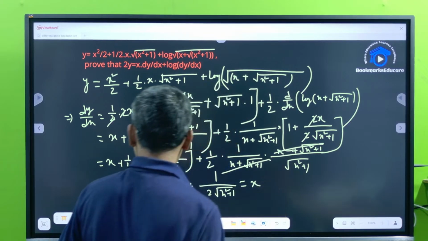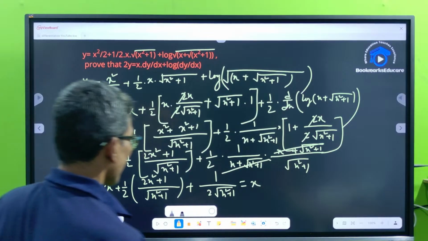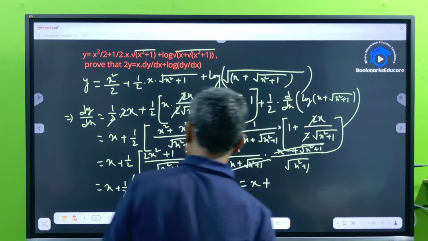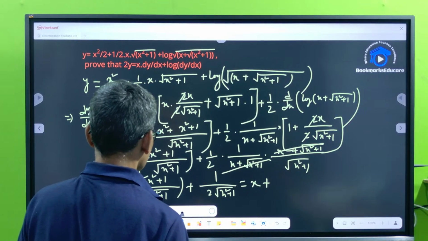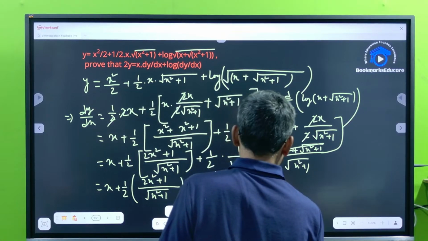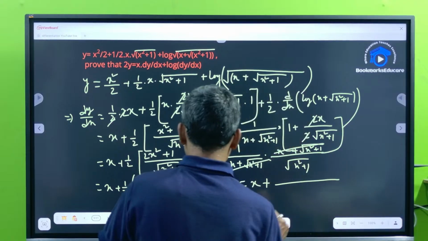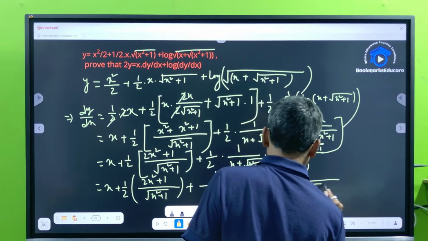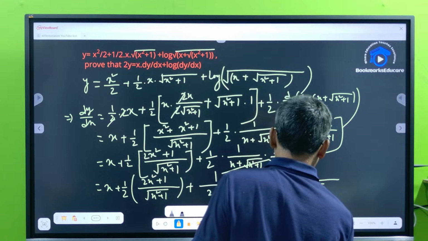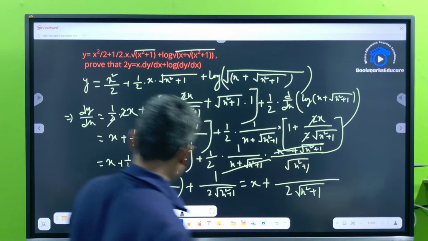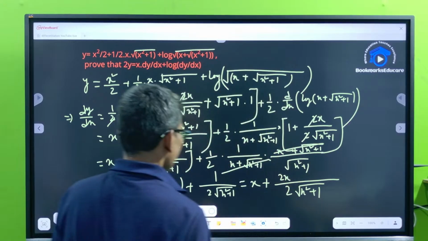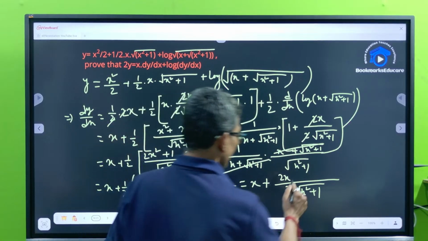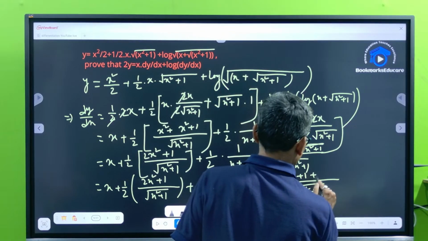So x plus, taking the LCM, 2 into root over of x square plus 1, 2x square plus 1 plus 1.